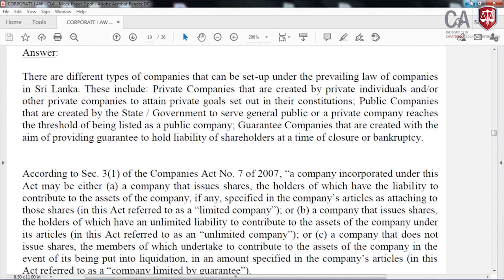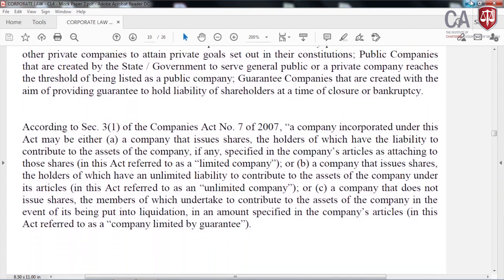Now, according to section 3(1) of the Companies Act number 27 of 2007, a company incorporated under this act may be either a company that issues shares, the holders of which have the liability to contribute to the assets of the company for the number of shares that they obtain, if any, specified in the company's articles as attaching to those shares.